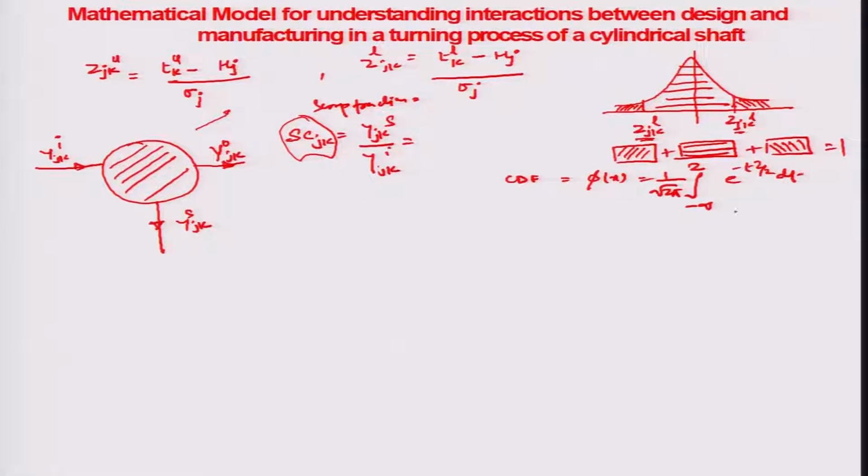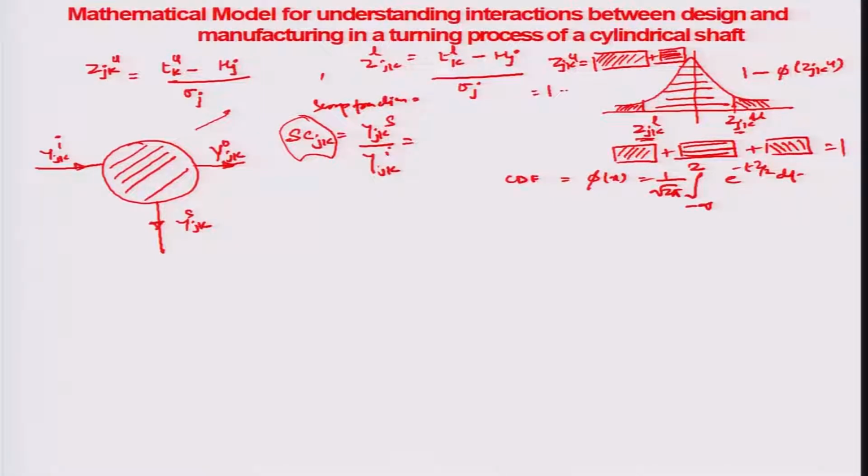In context of that, the total amount of rejects for being unable to meet the upper specification would be 1 minus phi of Z_jku. Simply speaking, phi of Z_jku in this particular case would be the summation of both the areas, like this area as well as this area.